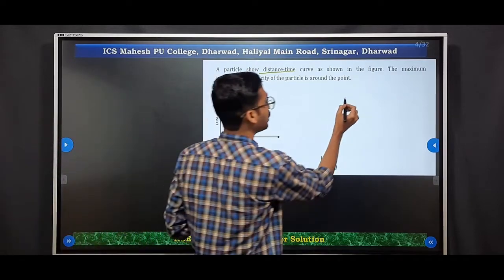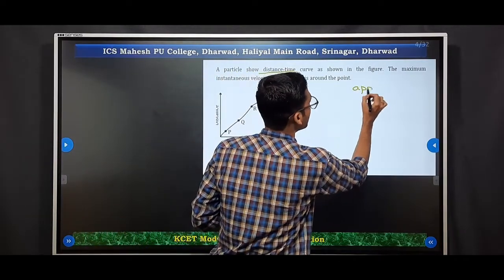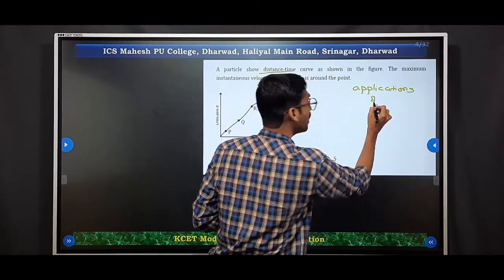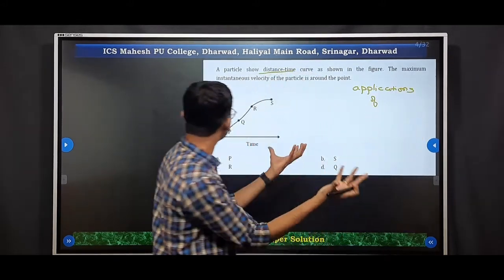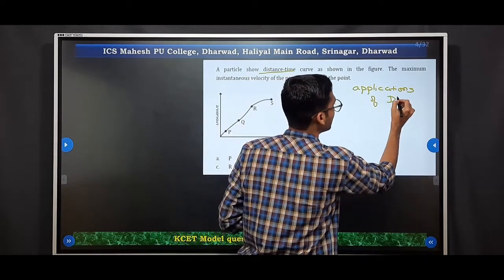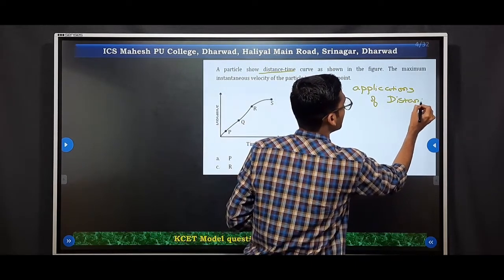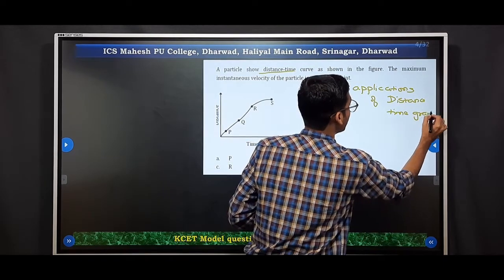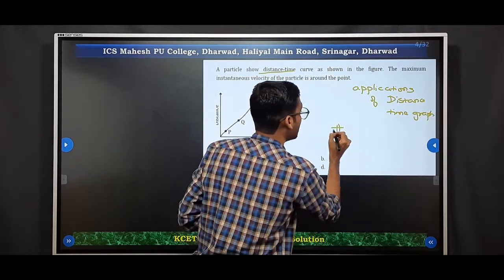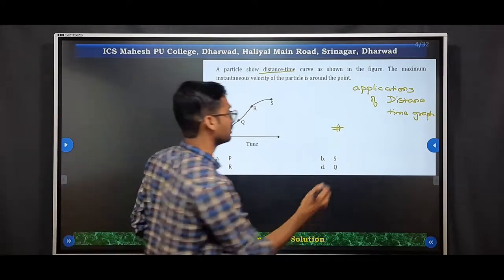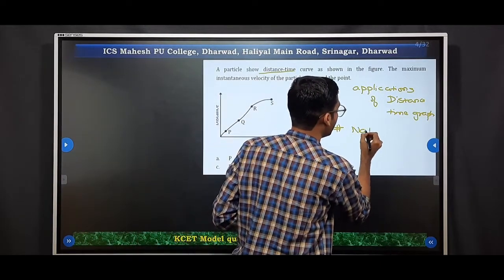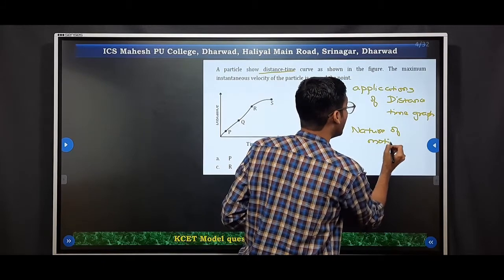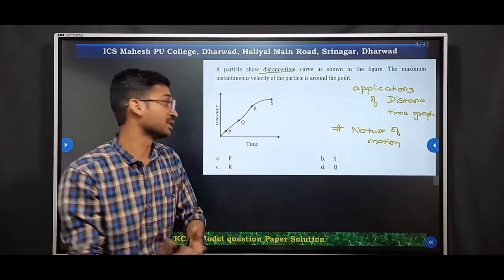We know that there are two applications of a position time graph, otherwise the distance time graph. What is the first application? It will explain the nature of motion. And what is the second application?